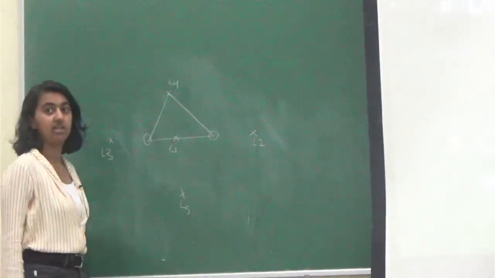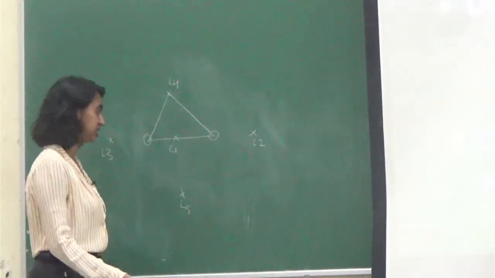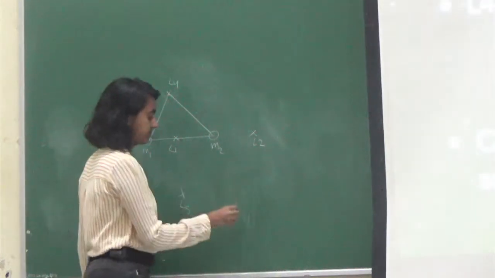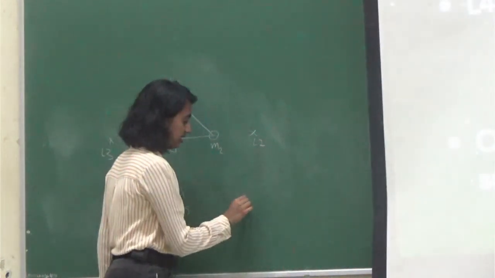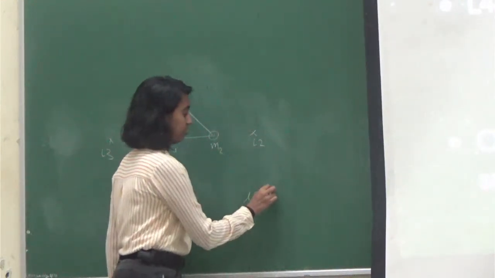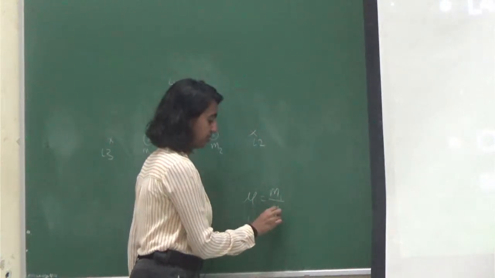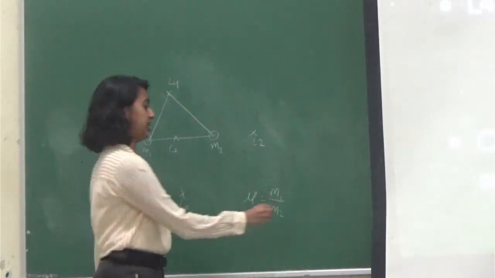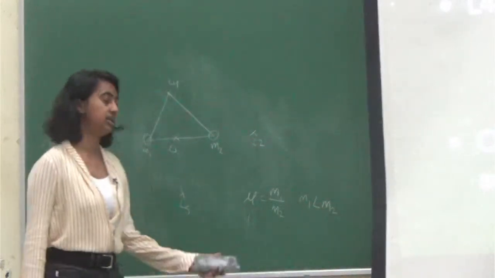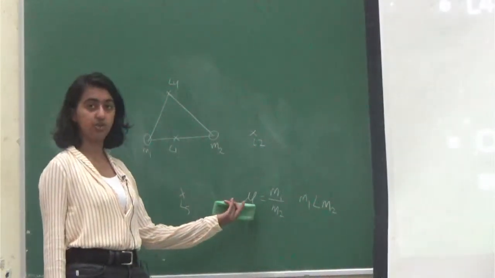Now for any particular system, say this is M1 and M2, we define mu equal to M1 by M2, where M1 is less than M2. Each system has a unique mu.